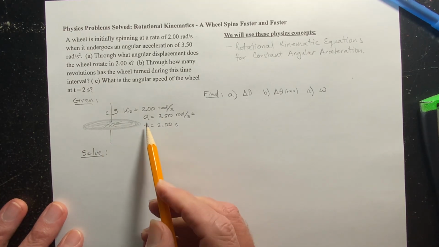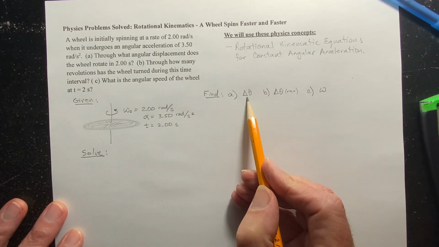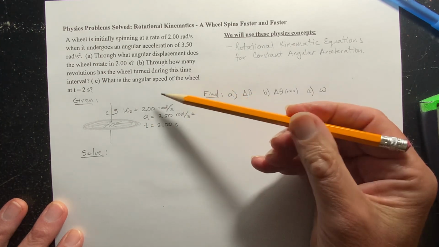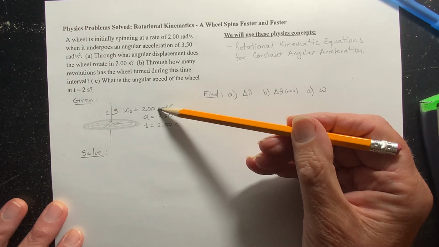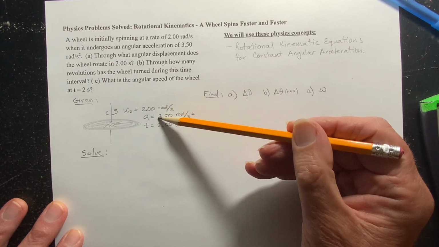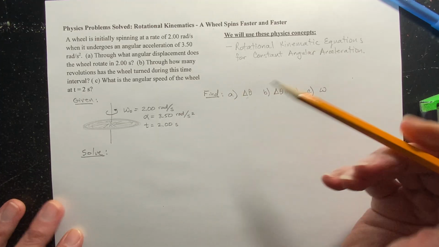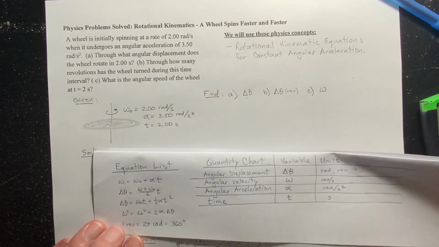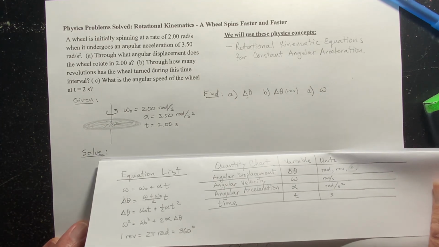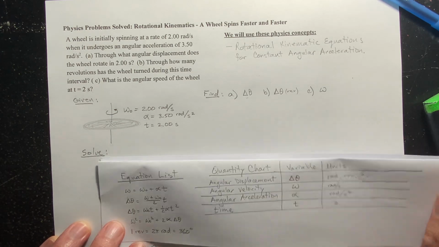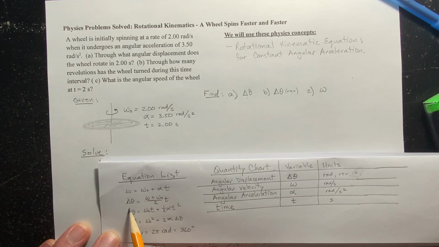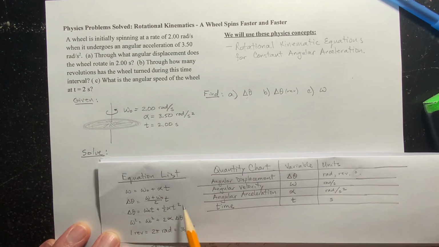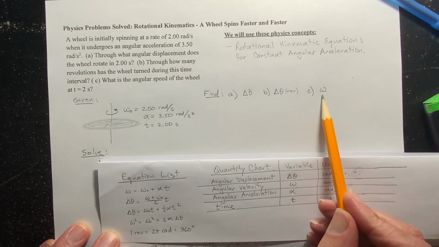So we're trying to find the change in angle, and look at what we're given. We're given initial velocity, angular acceleration and time, and we want change in angle. Now, which one of these equations is most appropriate for finding delta theta, given what we're given? I think you'll see that it's this one right here. Because in part C, we're trying to find the final angular velocity.